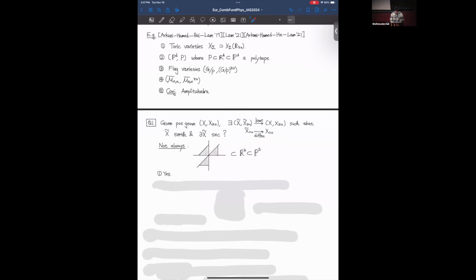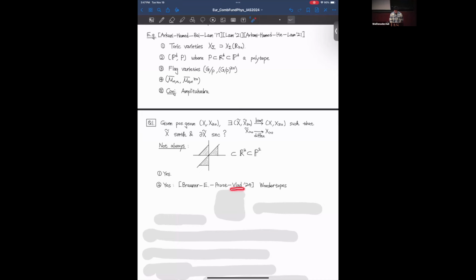But in many natural scenarios, the answer is yes. So for toric varieties, you just take the toric resolution of singularities. For the polytope case, it's already somewhat interesting. And this is the work that I have with Sarah Browner, Lizzie Pratt, who is here, and Raluca Vlad, who's also here.